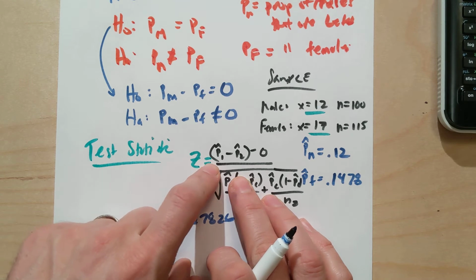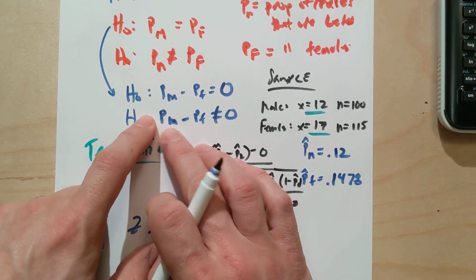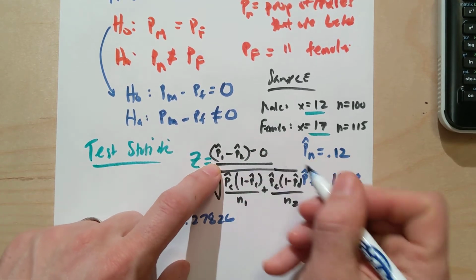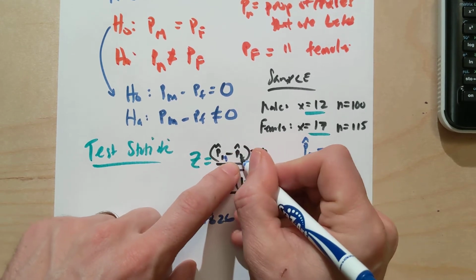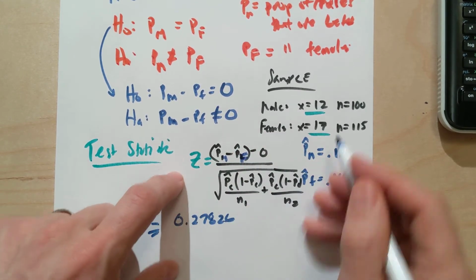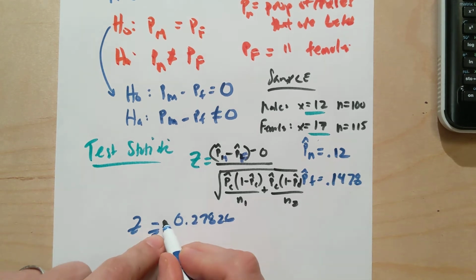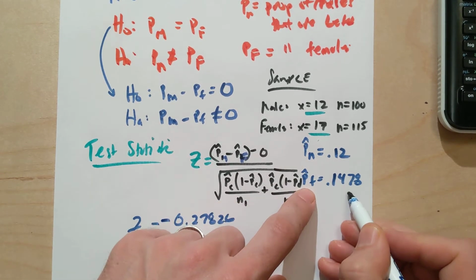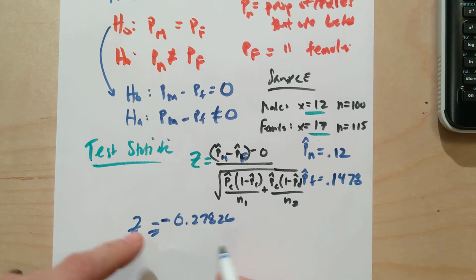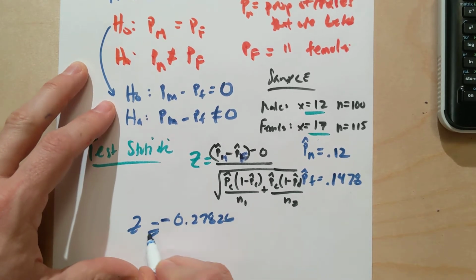But in this instance, since I did male minus female, where P1 is male and P2 is female, I should make this negative because it was 0.12 minus 0.1478. So I'll make that a negative numerator.